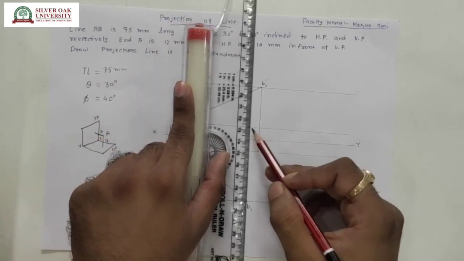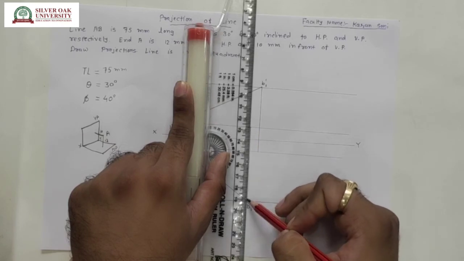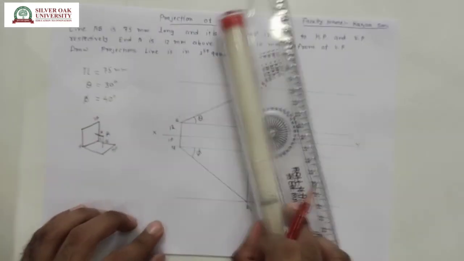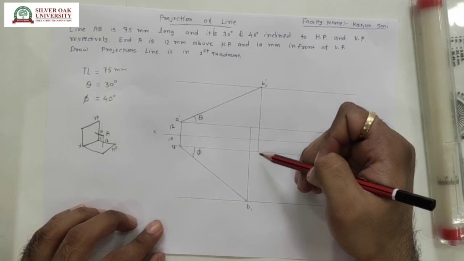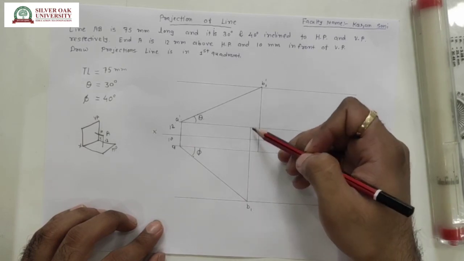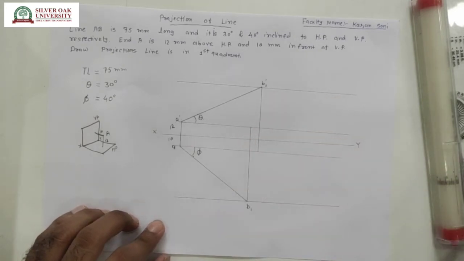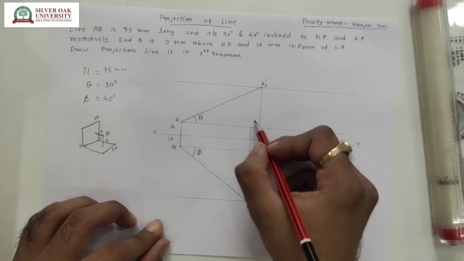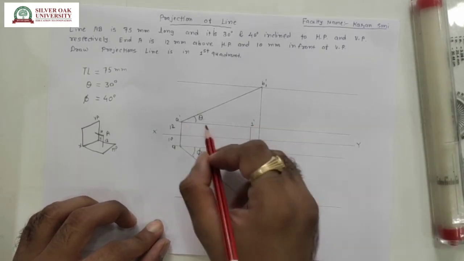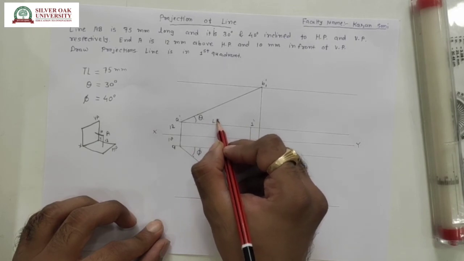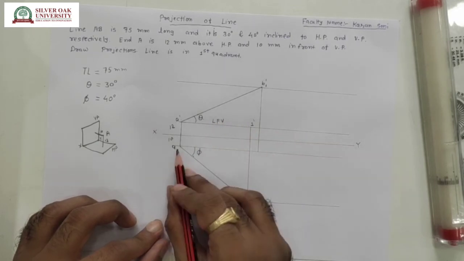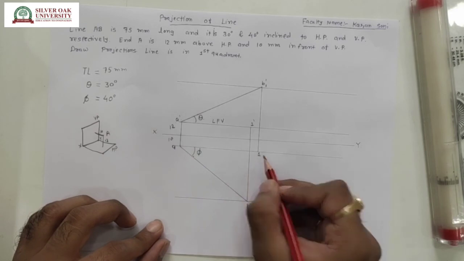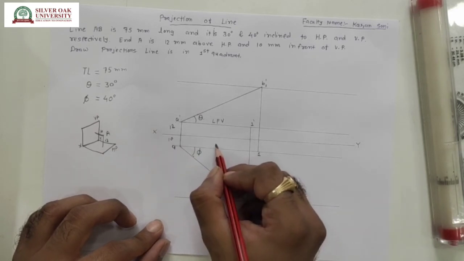So from the B1 and B1 dash, these are the two extension lines, from the B1 dash up to point A, from the B1 up to point A dash. Now this is the length that we are measuring. So from the A dash, and this is the point 1 dash. So this is the length of the front view that we are getting. And from the point A, this is the point 1, that is the length of the top view that we are getting.